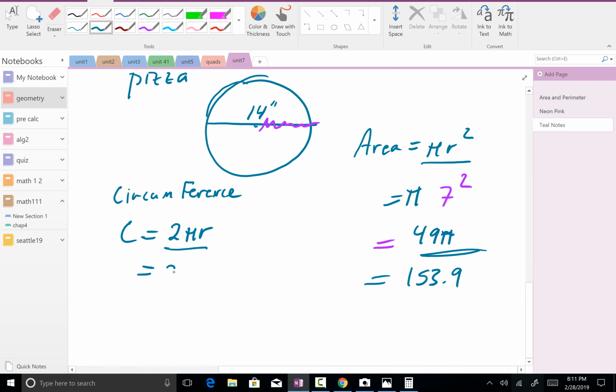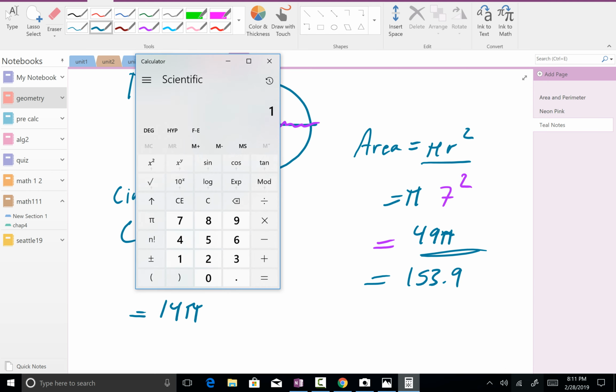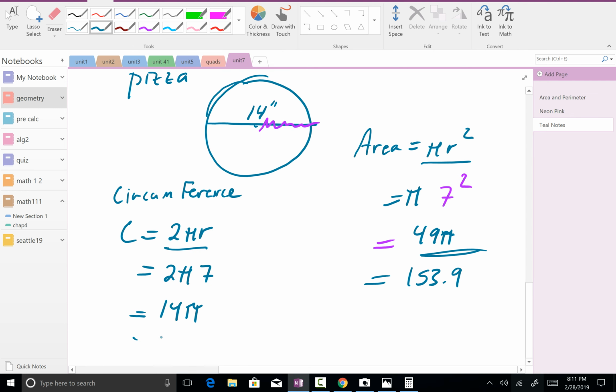Let's just keep them all in terms of the radius. So this would be 14 pi, right? And again, we can figure that out. 14 times pi equals 43.9. Okay, so this would be, of course, inches, and this, of course, would be inches squared.